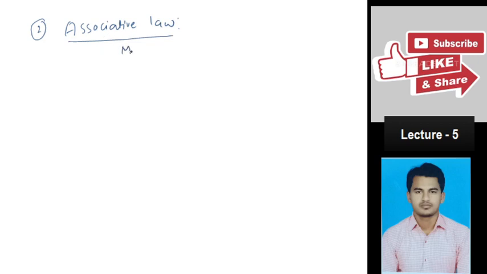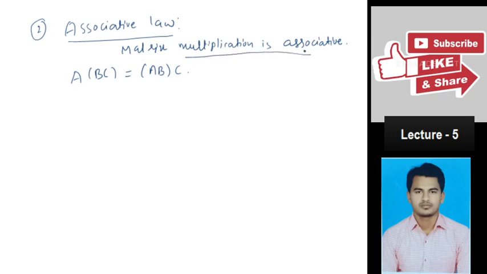Matrix multiplication is associative, which means A of BC is always equal to AB into C. Most important, be careful: matrix multiplication is always associative. Already we have taken the previous example, which is associative.